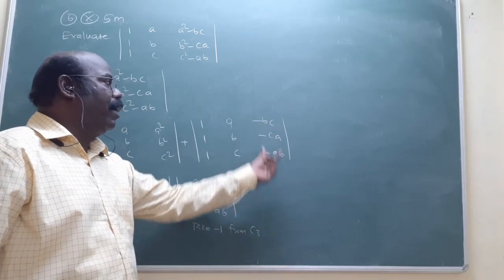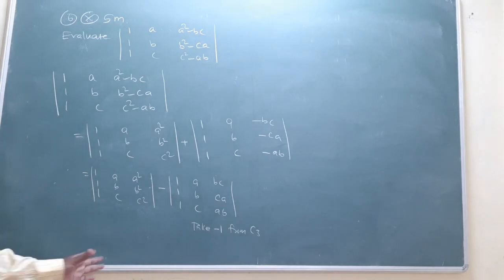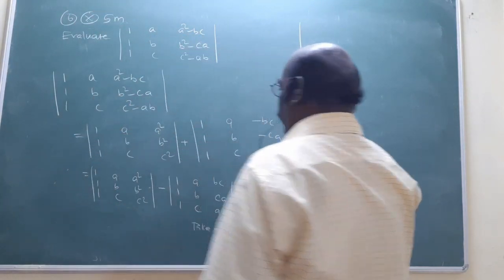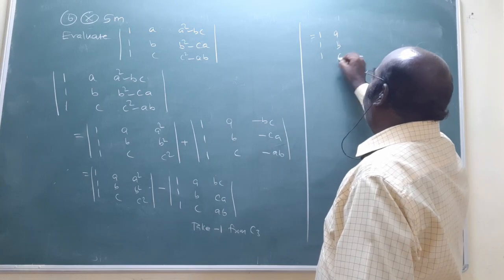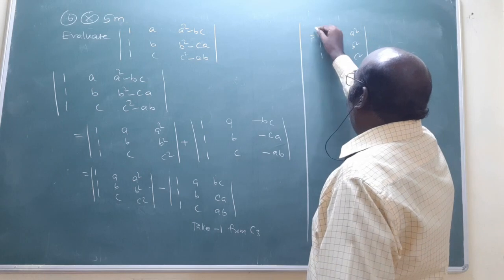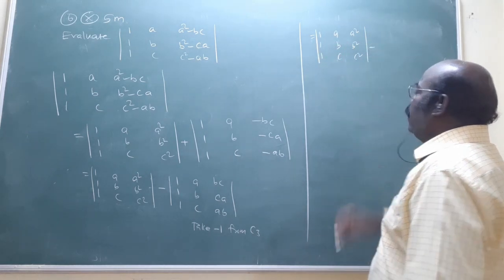In the third column, all have minus common, take outside. That is minus 1 taken outside from C3. This is the reason. Next is 1, 1, 1, a, b, c, a square, b square, c square. Next minus here, on minus.